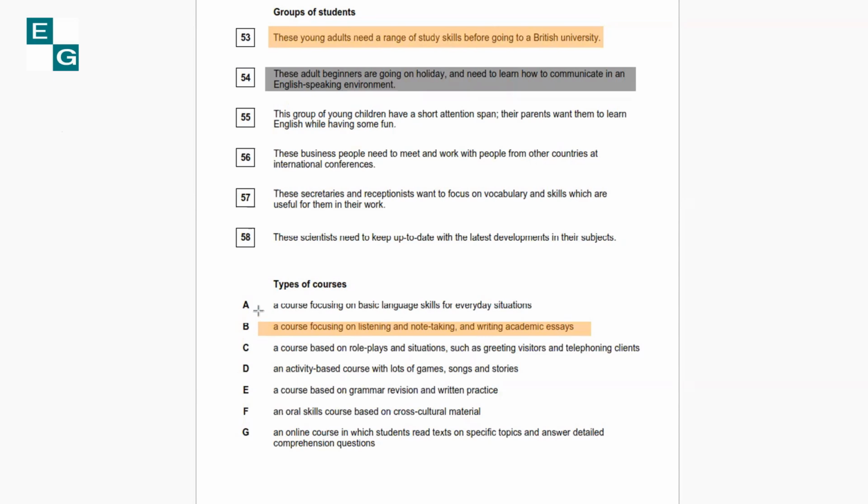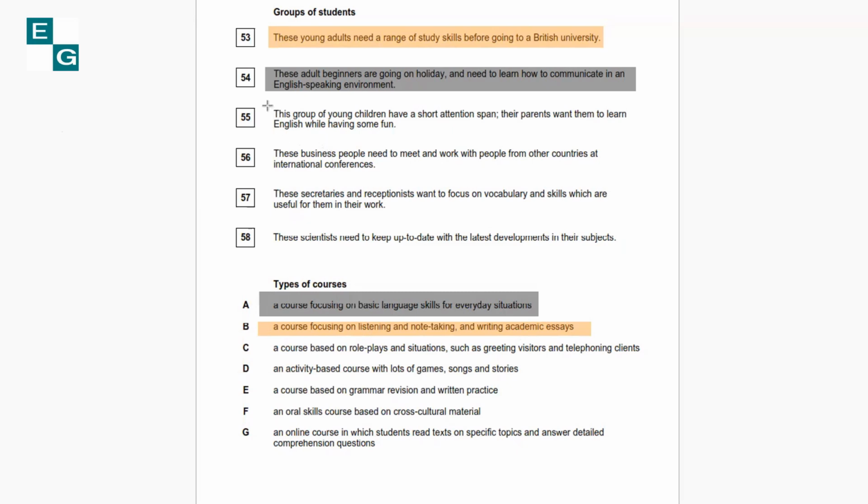If you know your students are going on holiday to English-speaking countries, you're going to give them a course focusing on basic language skills for everyday situations. English for, let's say, the airport, taking a cab, making a reservation, ordering food in a restaurant, etc., etc.